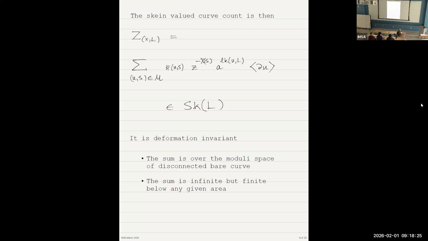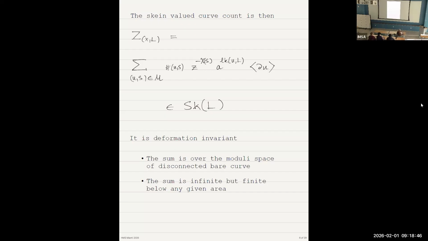Then, first of all, we get some element in the Skein, maybe an infinite sum, but we get an element in the Skein. And now by our analysis of what happens in a 1-parameter family, this count is indeed deformation invariant. Okay, so we have some kind of Gromov-Witten invariant valued in the Skein.